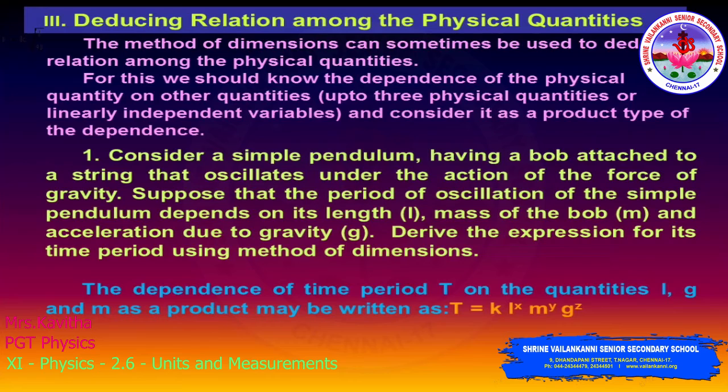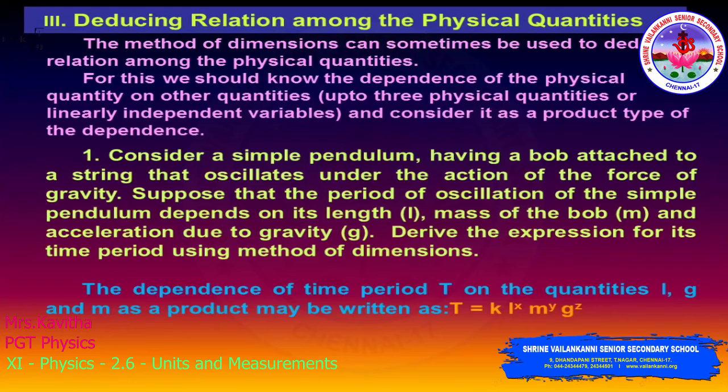For example, consider a simple pendulum having a bob attached to a string that oscillates under the action of the force of gravity. Suppose that the period of oscillation of the simple pendulum depends on its length L, the mass of the bob M, and the acceleration due to gravity g.